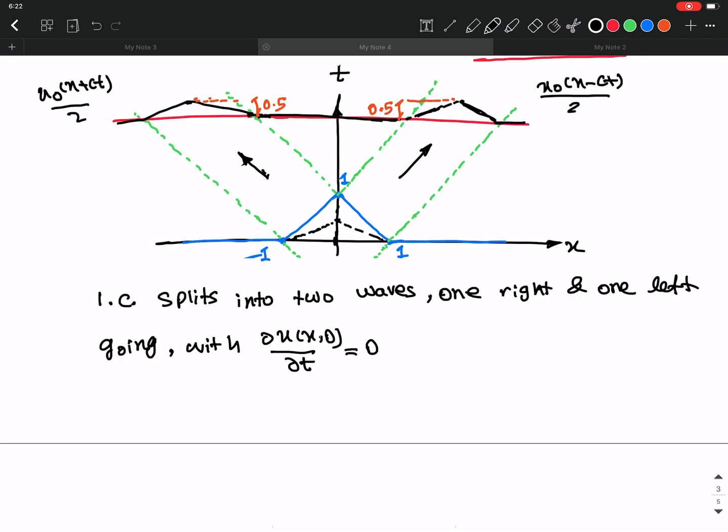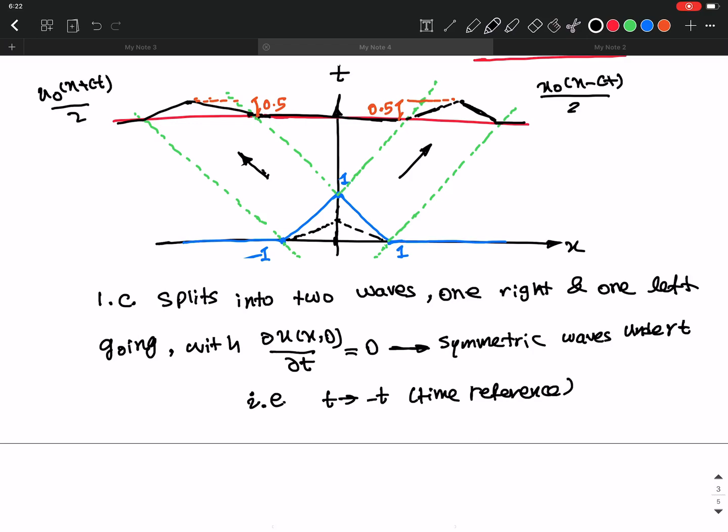So this is what it does. The initial condition is split into two waves, one right and one left going. And with this condition, when the first derivative of u with respect to time is 0, you will have symmetric waves under t. That is, anything is symmetric around t and minus t, which is the time reference.